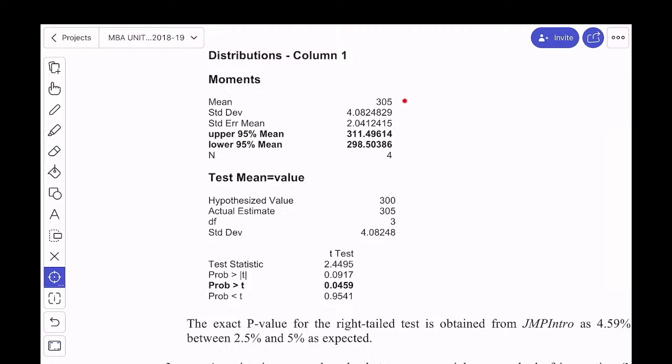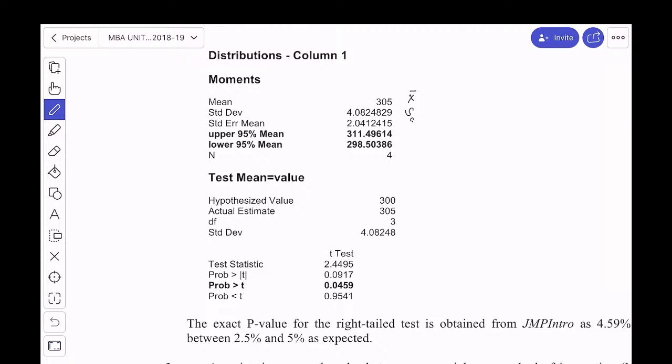So here we have the mean, a standard deviation, a standard error. You have the confidence limits. You have, so this is a hypothesis test. This is the hypothesis value. This is the estimated value. And then all of this. So what's all this stuff here? So this is from a sample. So this would be the sample mean. This is the sample standard deviation.